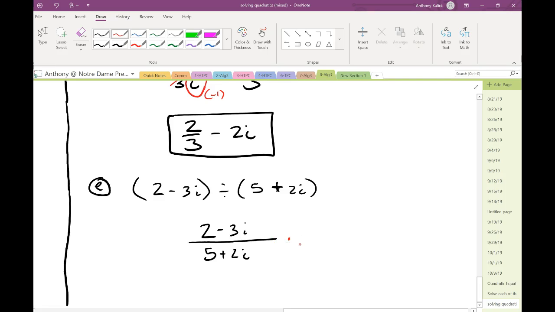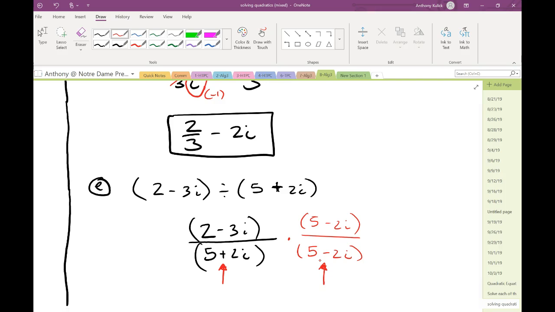What I'm going to multiply these by is 5 minus 2i. Notice here that what I've chosen is the same thing as the denominator, just with the opposite sign in between the real and imaginary parts there.